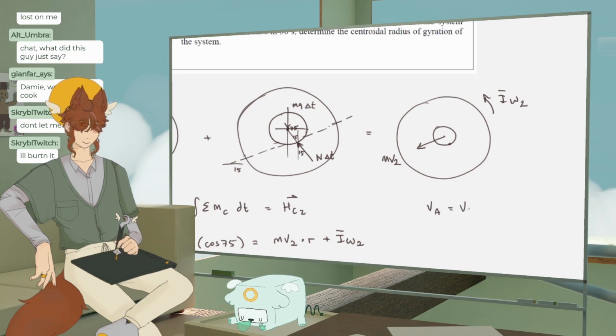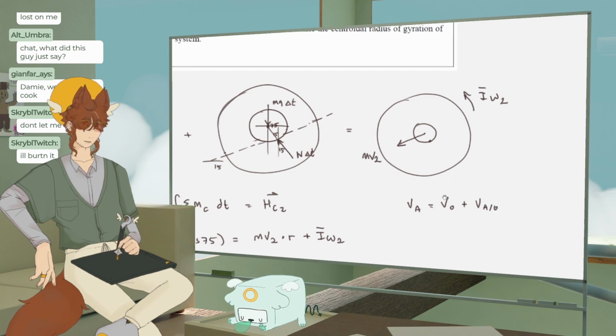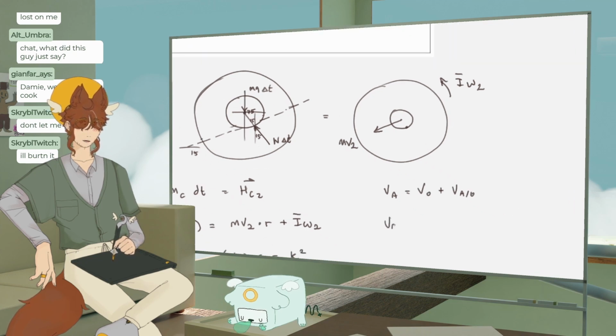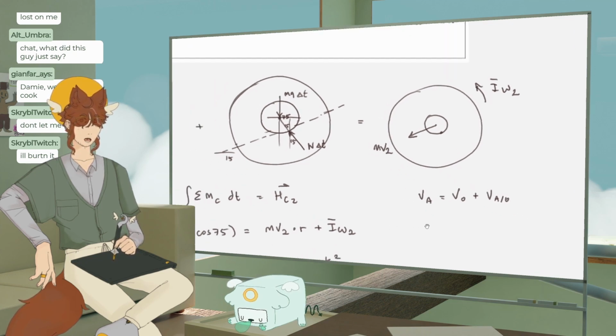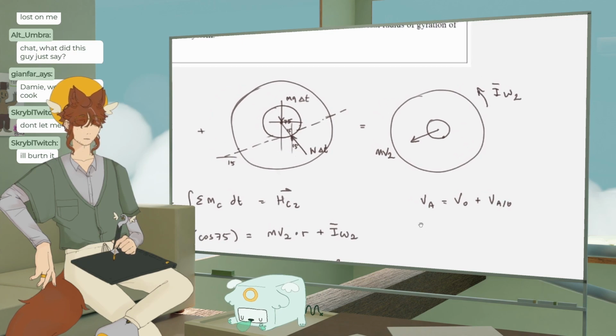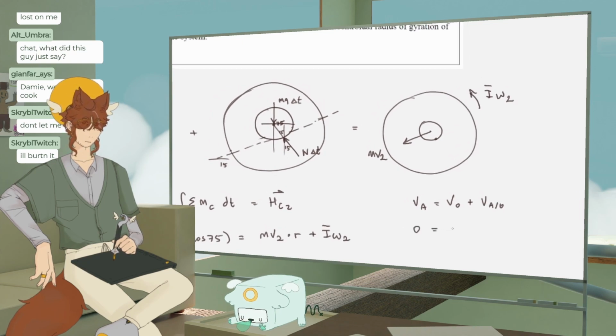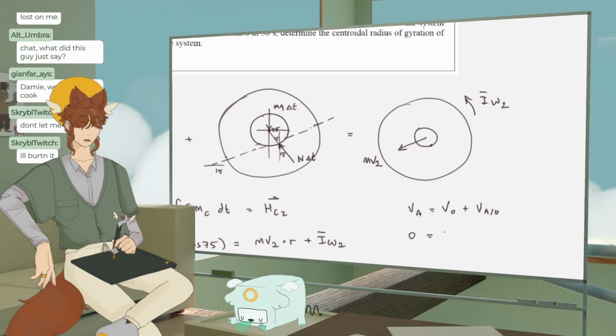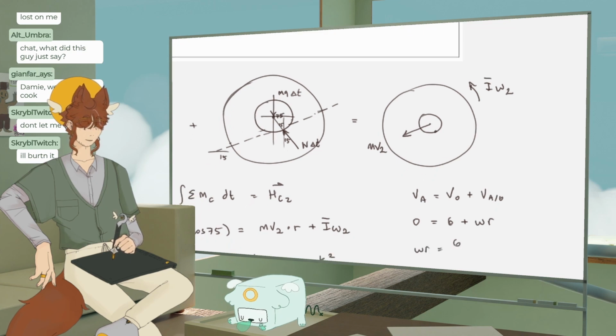V_A equals V_O plus V_A with respect to O. This always works. We know V_A. Wait, do we know V_A? It's 0. Equals V_O, which is 6, plus, this is omega R. Now omega R equals 6 divided by 1.5. Okay.